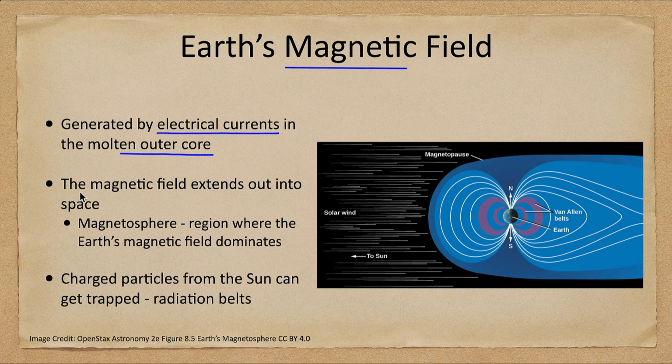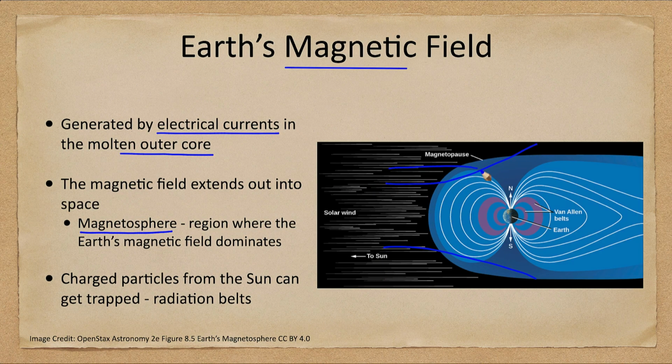So we have the magnetic field extending out beyond our atmosphere into what we call the magnetosphere. So that is where Earth's magnetic field is dominant. And that is very important for us because it protects us from many charged particles from the sun. These particles then cannot penetrate through the magnetic field and they get bounced away by it perhaps.